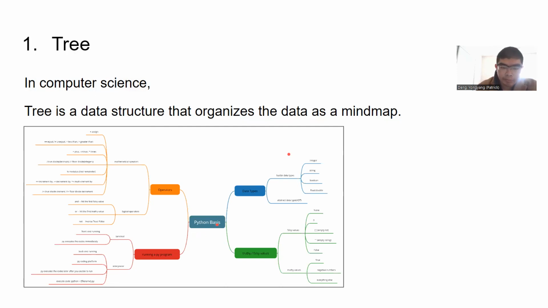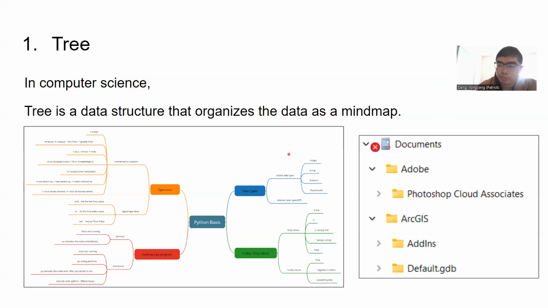For example, I have Python basics, and then data type is one of the branches. Built-in data types is one of the sub-branches of the data type branch. And then I still have integer, string, that kind of stuff.